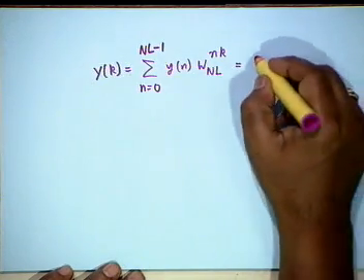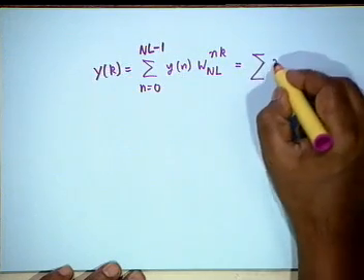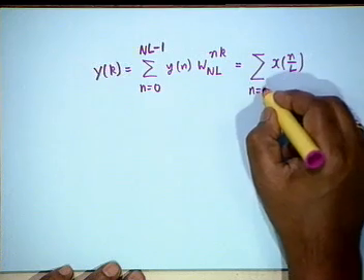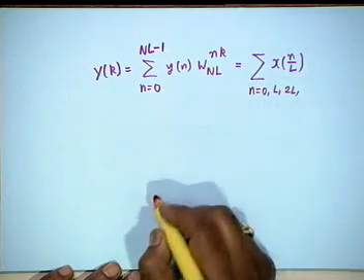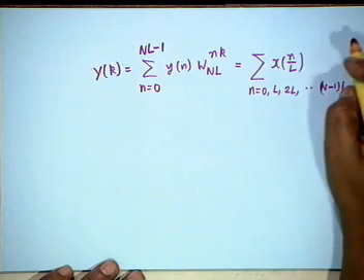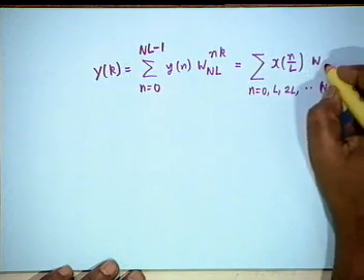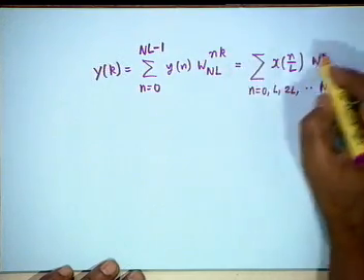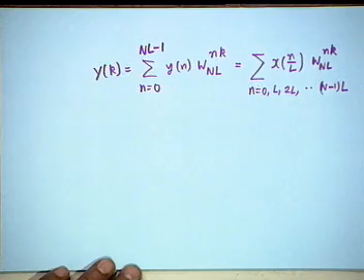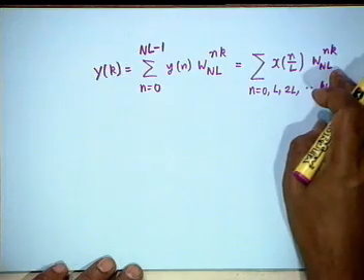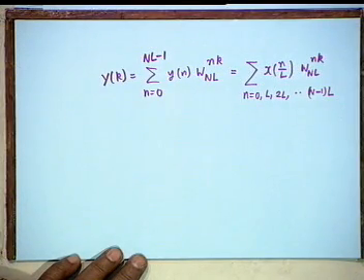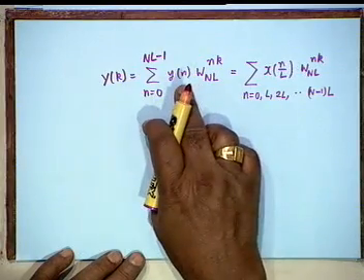And this becomes equal to summation, but y of n is x of n by L, where now n is 0, L, 2L, no plus minus, up to n minus 1 L, W. Does this change? No, that is important to recognize, W NL raised to the nk. This factor remains the same. We are only substituting for y of n. We have not changed n.